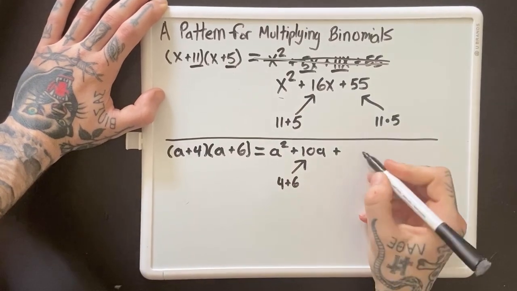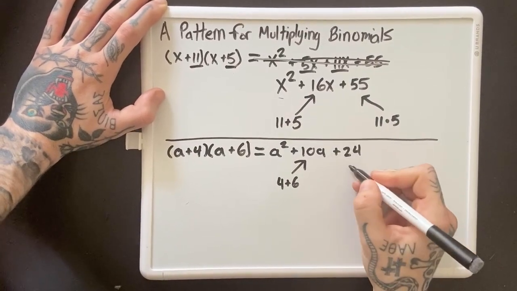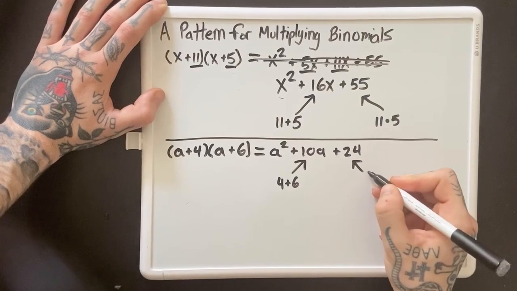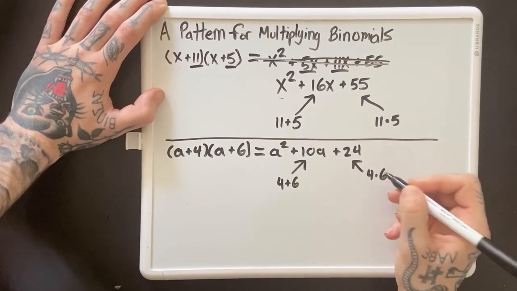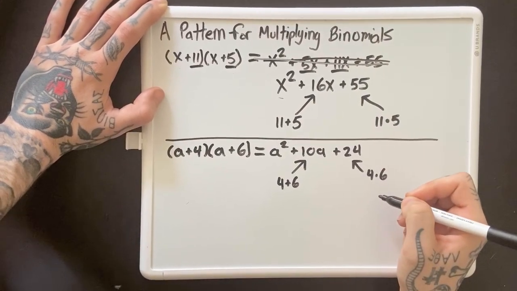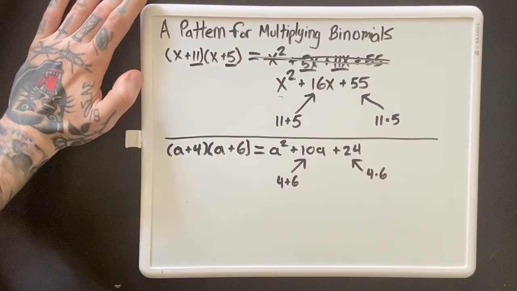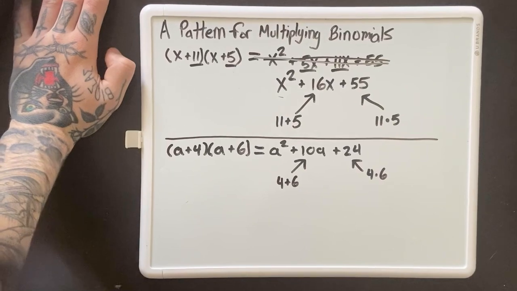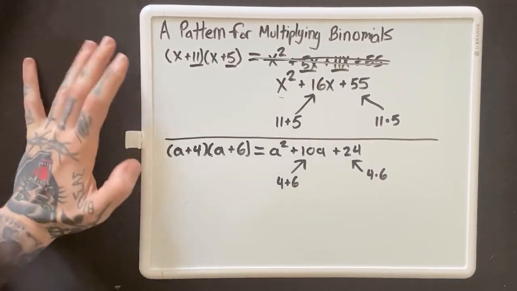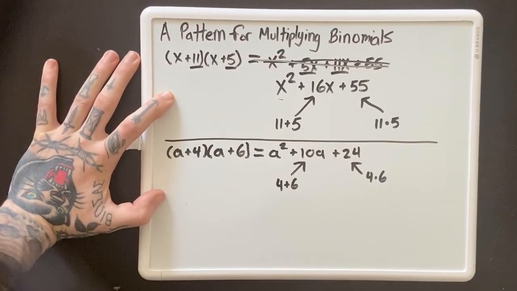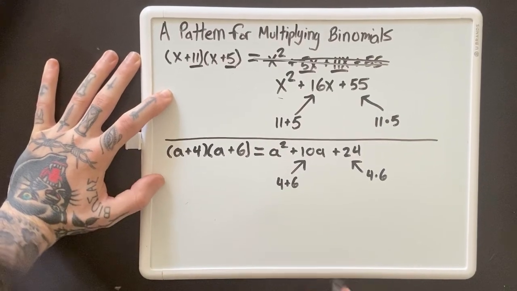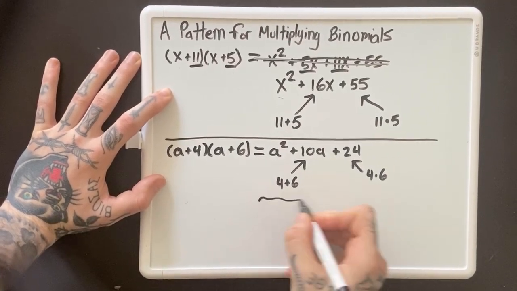Plus 24, because 4 times 6 equals 24. All right? So is that the actual multiplication? Because all we did was apply a pattern we just saw. So now we're going to actually FOIL it to check.